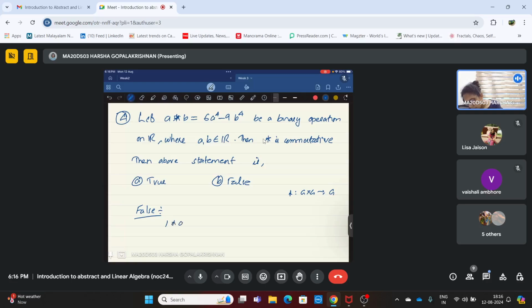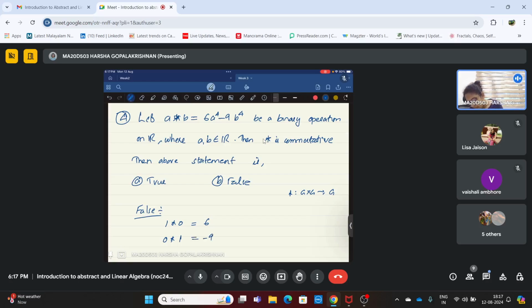So simply we can take two simple elements. For example, I am taking 1 star 0. So 1 star 0 means A is 1 and B is 0. Instead of A I will put 1, instead of B I will put 0. So it is simple, it is 6. Okay. Now B star A, that is 0 star 1. The other way, A is 0 and B is 1.